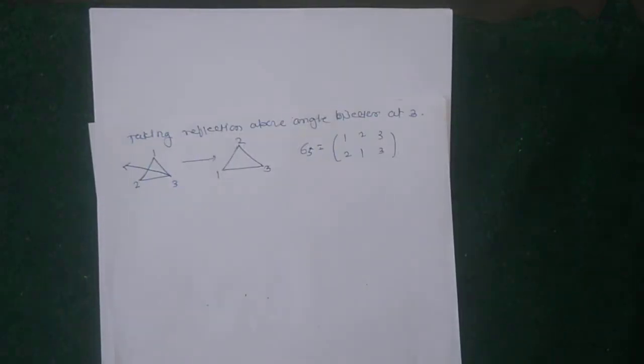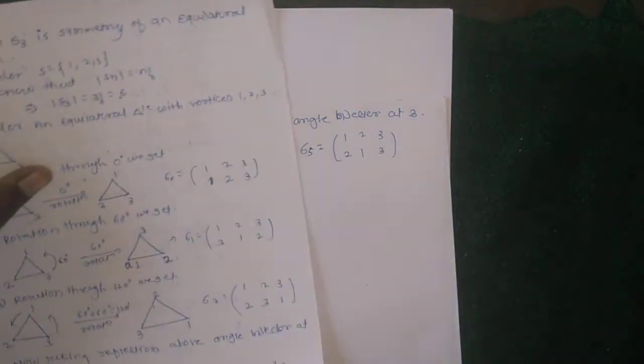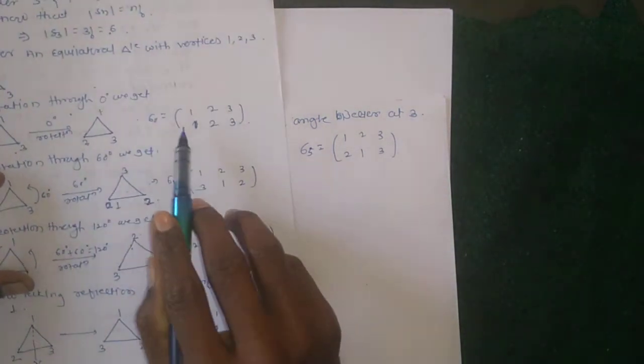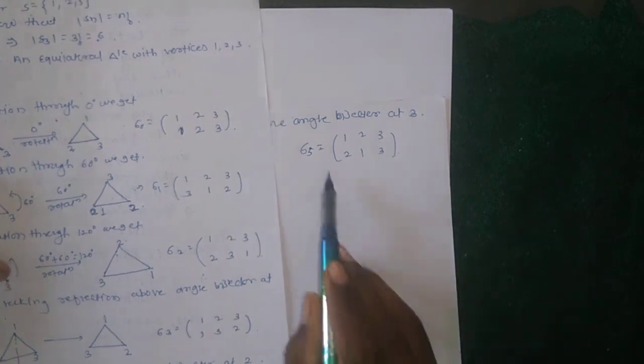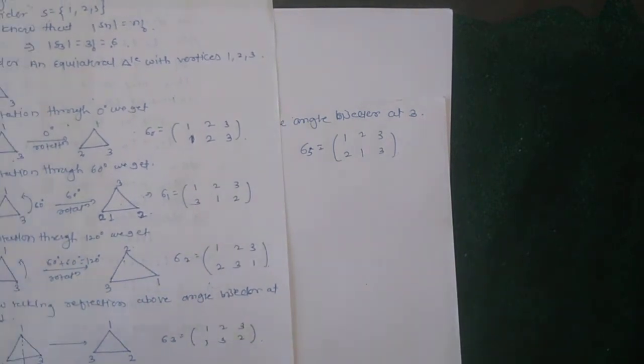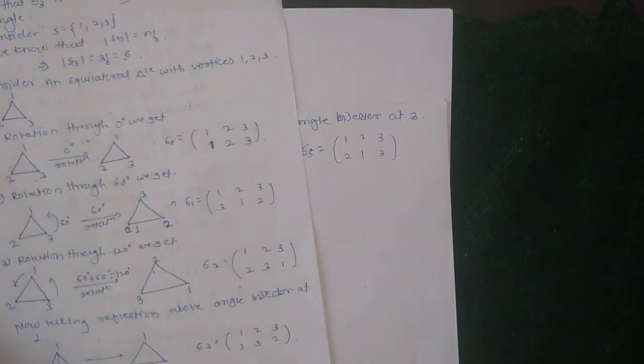These 6 permutations of S3 are sigma naught, sigma 1, sigma 2, sigma 3, sigma 4 and sigma 5. These 6 permutations exist for the triangle.